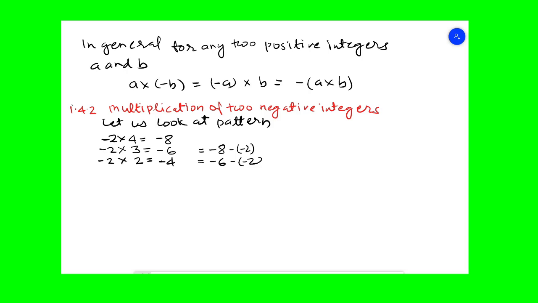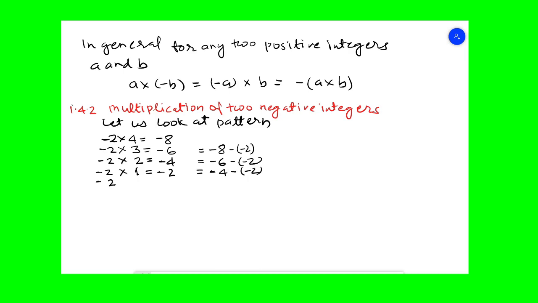I am repeating this. So our third is minus 2 multiplied by 1. This gives me minus 2. This is equal to, I am taking minus 4 minus minus 2.